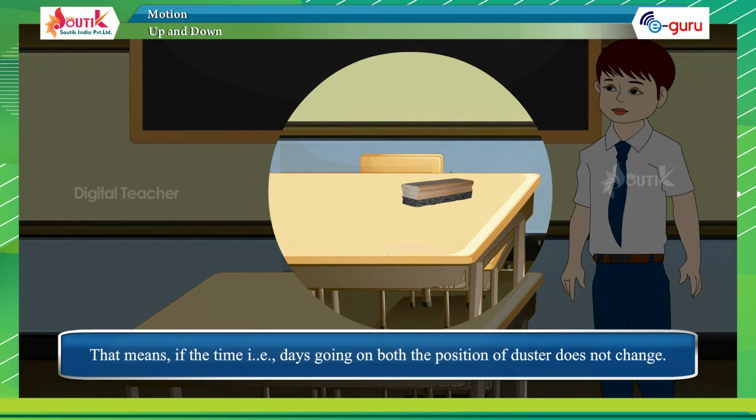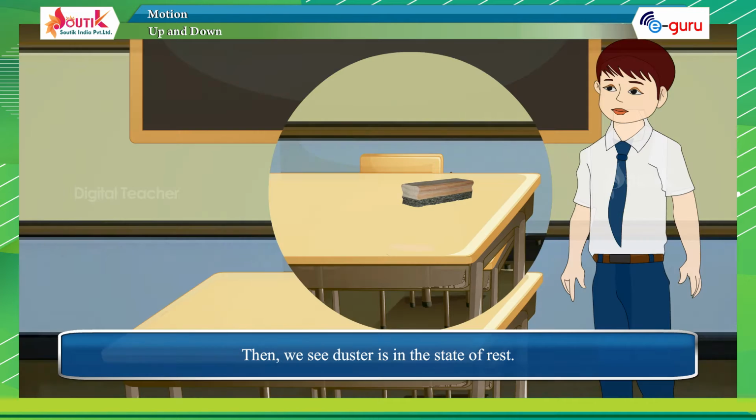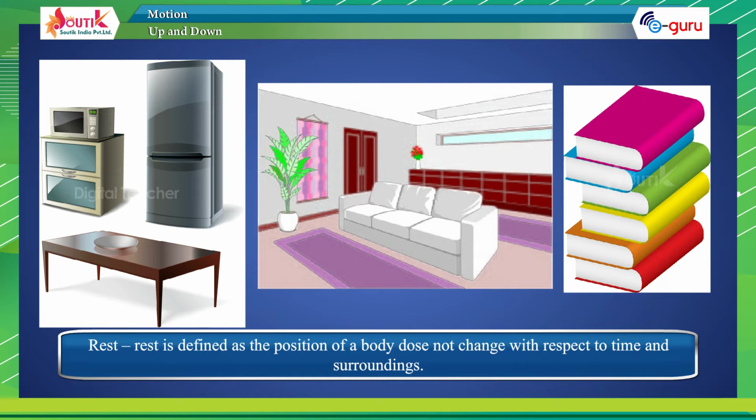That means as time, that is, days go on, the position of the duster does not change, then we say the duster is in the state of rest. Rest is defined as the position of a body not changing with respect to time and surroundings.